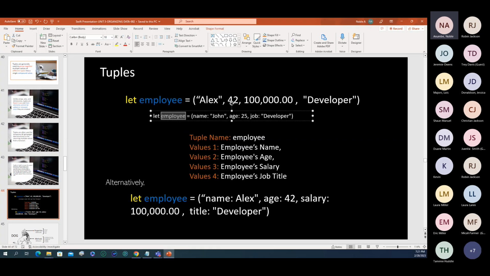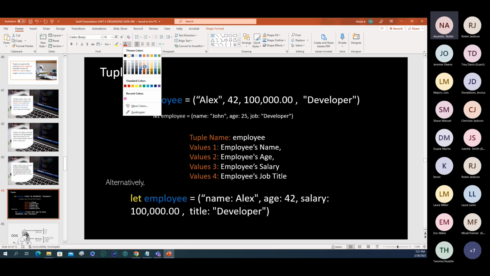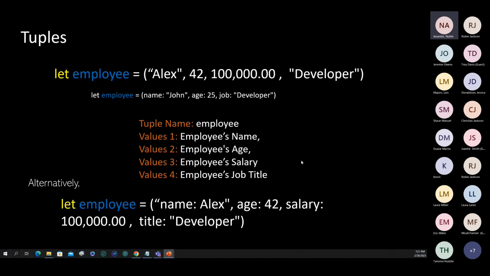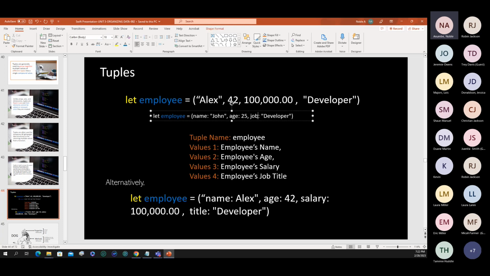So let me just give this guy some color so that we can know. So save. Okay, stop saving. So let employee, then we have the name, we have the age, and then we have the job title. To be consistent, let me just say title here, since I use title below, and I'll show us where I use title and why.